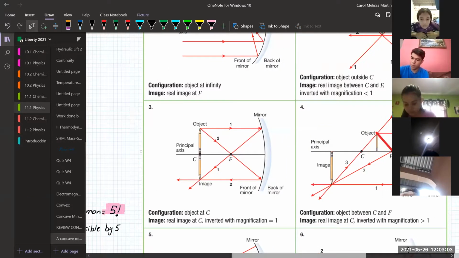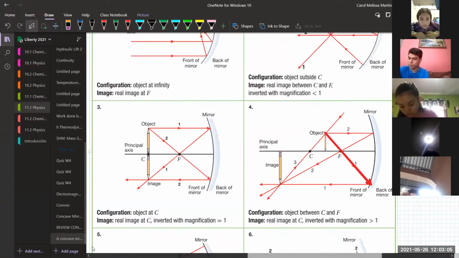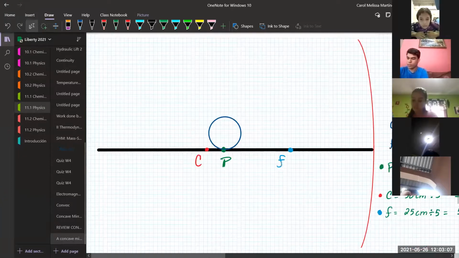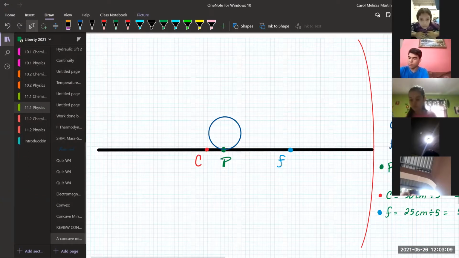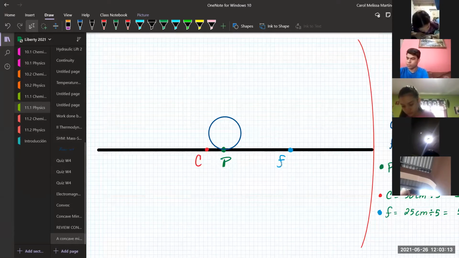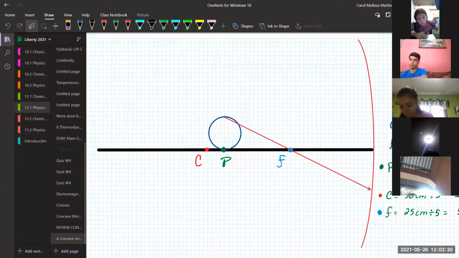So I'm going to do the same ray, okay? So from the top of my object, remember the top of my object is right here. So my ray comes from the top of my object, passes through the focal point until it touches the mirror.